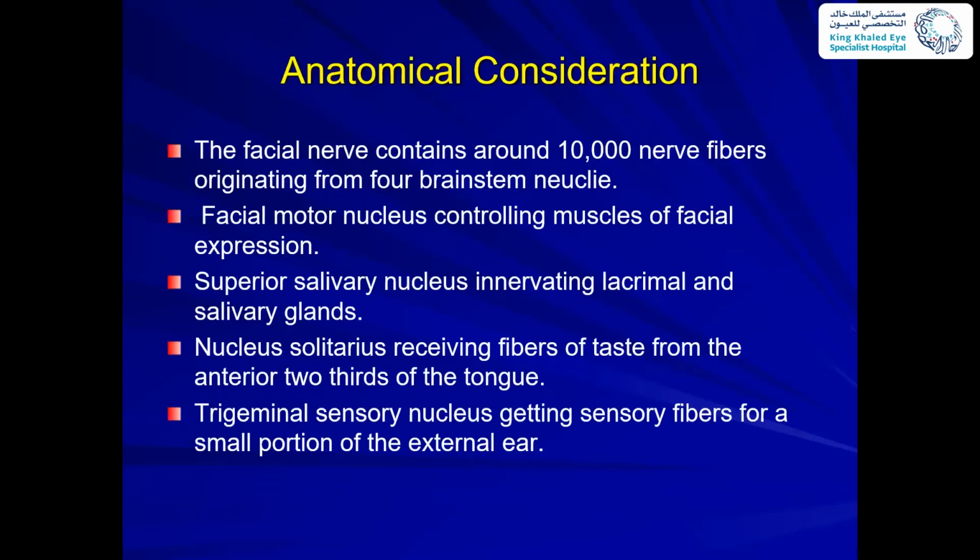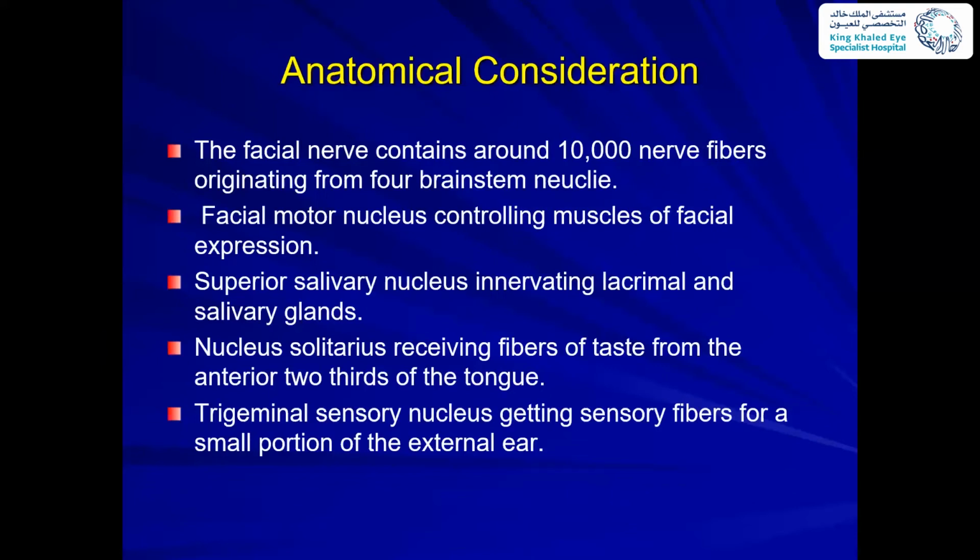Some anatomical considerations: as you know, the facial nerve contains around 10,000 nerve fibers originating from four brainstem nuclei. The facial motor nucleus controls the muscles of facial expression, and the superior salivary nucleus innervates the lacrimal gland and salivary glands, and it travels along with the facial nerve.